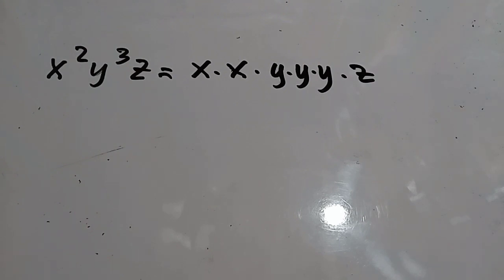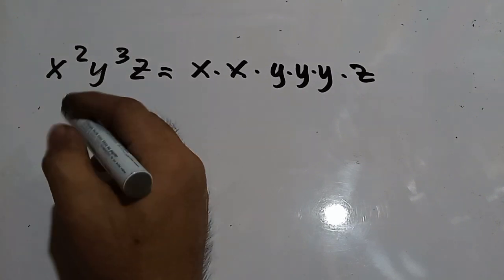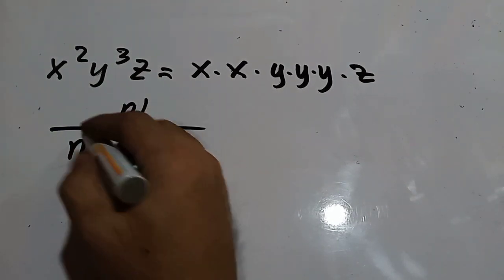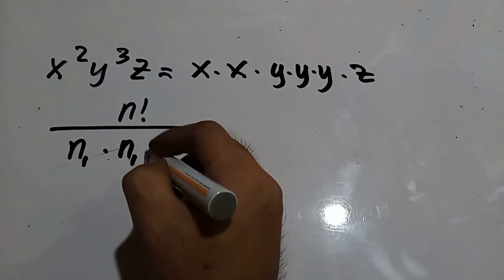Since there are 2 x's, 3 y's and only one z, the number of distinguishable permutations is like this, using our formula: n permutation over n sub 1 permutation times n sub 2 permutation and so forth.